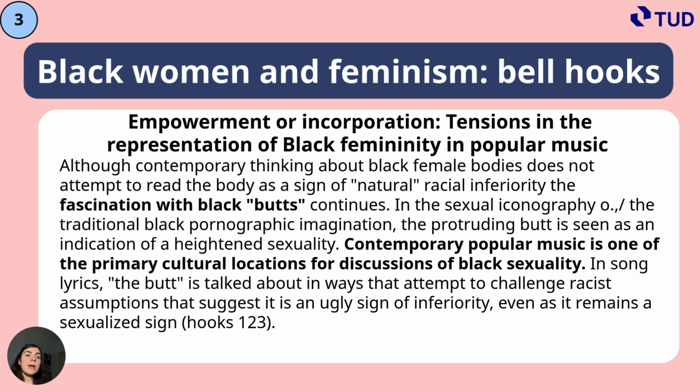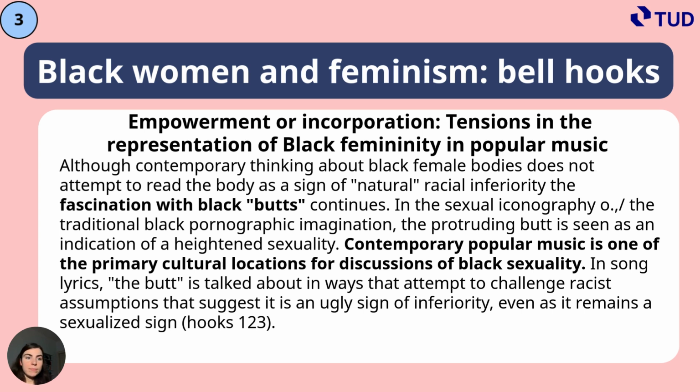But she wrote very actively on Black womanhood and Black femininity, and also how it is represented in popular culture, how empowerment happens. I give you this quote from one of her books here, which is a lot about the representation of Black femininity and Black sexuality in popular culture.